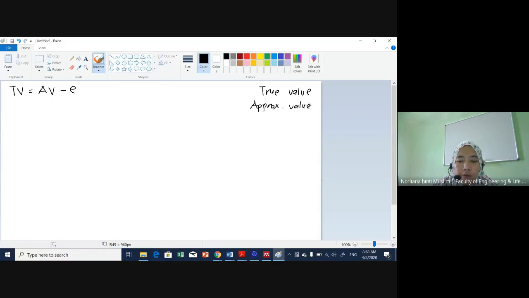So I'm using short form here, okay? The E refers to the error value. So TV, true value, is equal to approximation value minus E, error value. So this error value can be positive or negative.